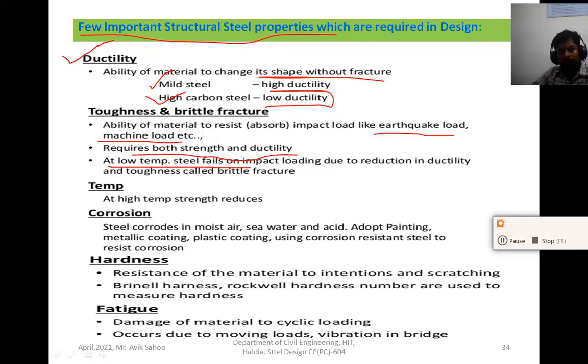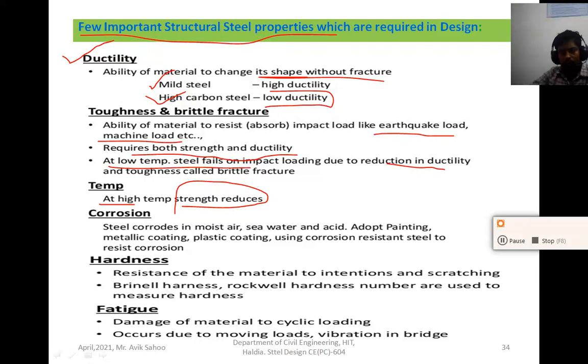At low temperature, steel fails on impact loading due to reduction in ductility. At high temperature, when the temperature rises, the strength is also reduced. Corrosion: you know that steel may be corroded if the painting is not done.